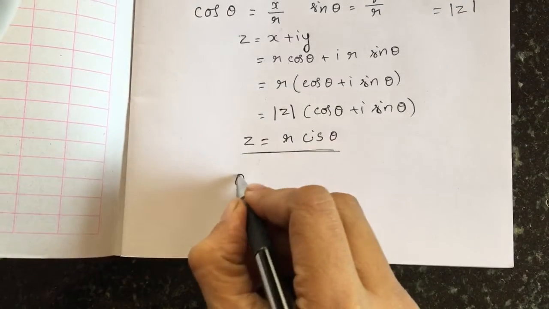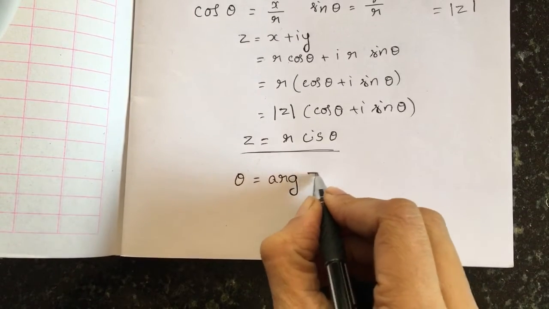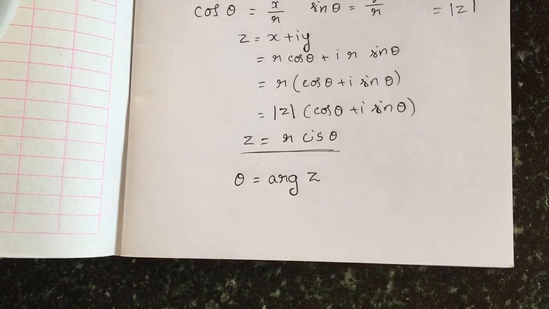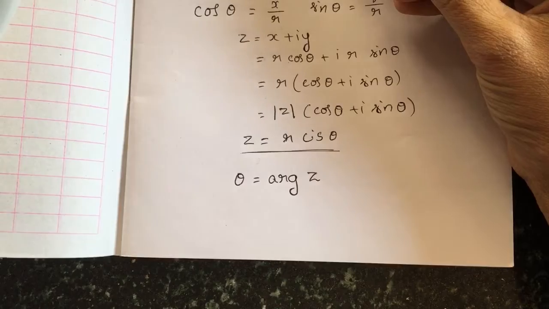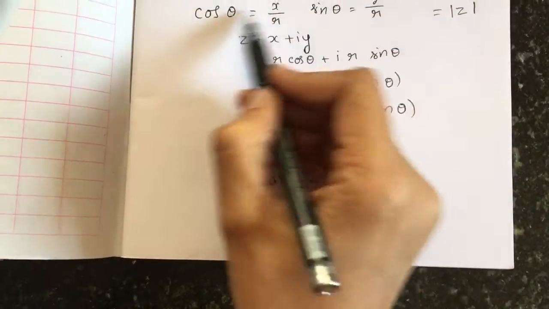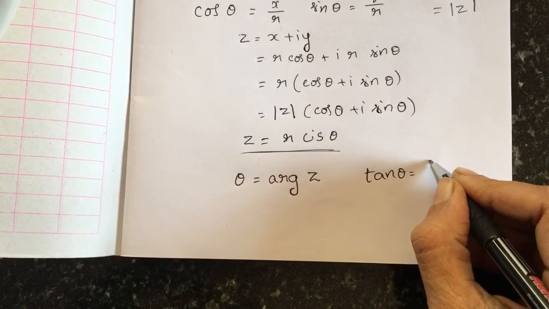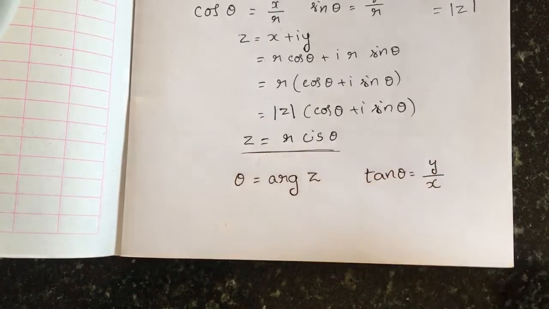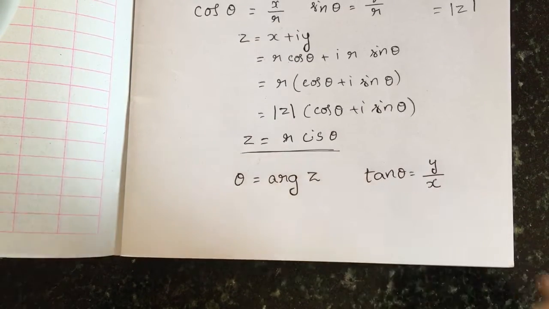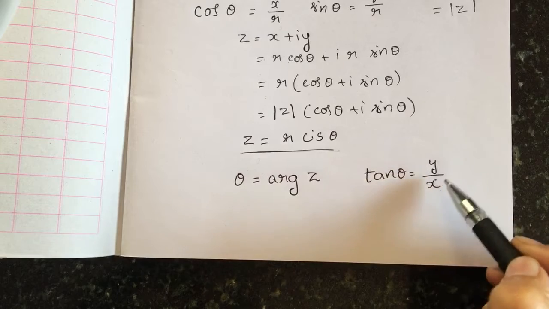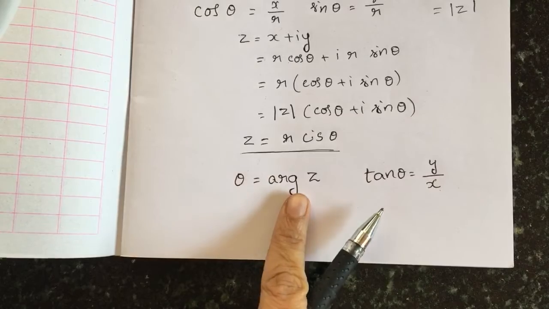It can be any of the infinite possible values of theta, each of which can be found using the relation tan theta equal to y by x. We have to make sure that theta lies in the correct quadrant, depending on the signs of x and y.